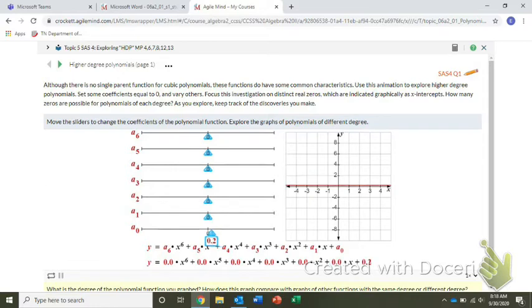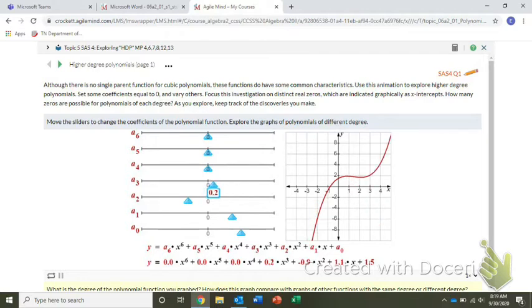Now, if I move this back to 0, and now I look at a degree of 1, it shows us that I have only one distinct real zero. If I add in a second degree, it shows that I have 2 distinct zeros.